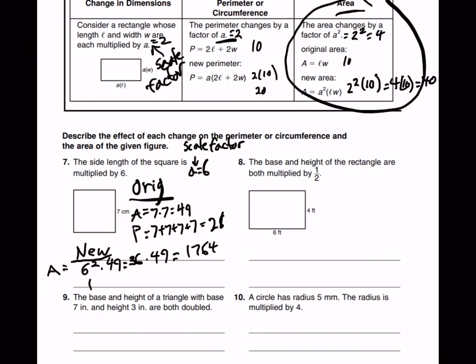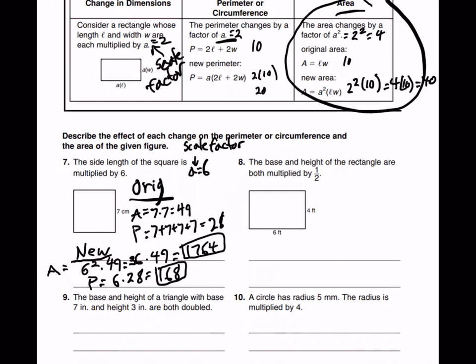We can do the same thing for perimeter. The perimeter's rule is that we just multiply by the scale factor. So I'll do 6 times 28, which gives me a new perimeter of 168. So the effect on the area is that it changes by 6 squared, which is 36. The effect on the perimeter is that it changes just by the scale factor of 6.